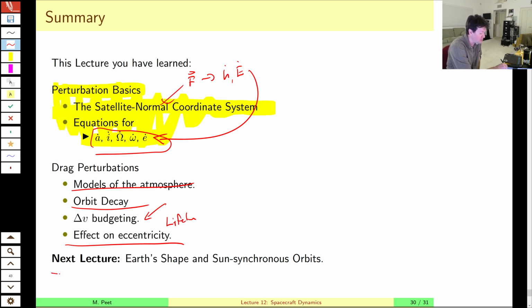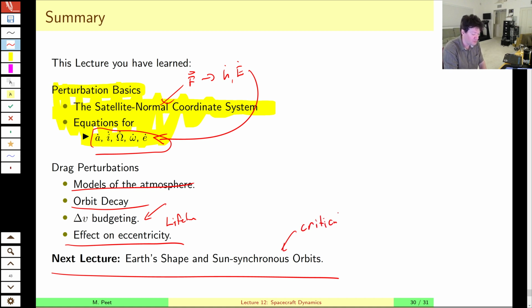In the next lecture, we'll talk about the other major orbital perturbation, which is due to the misshapen nature of the Earth, and how that leads to critically inclined orbits and frozen orbits.